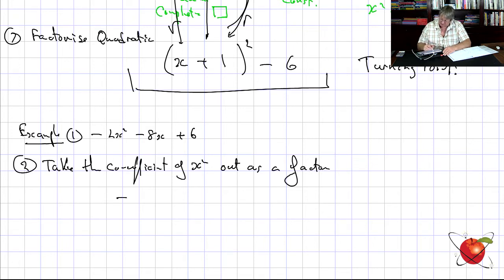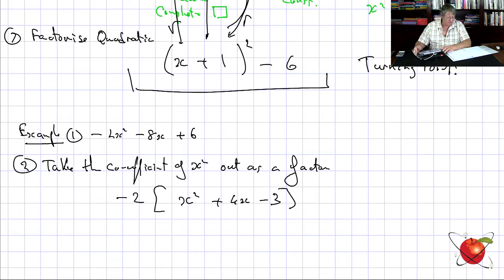Okay, so then it becomes minus 2 bracket x squared plus 4x, correct, minus 3. Am I right? Okay, well, how would I check it? Just try and multiply out minus 2x squared plus minus 8x plus 6. So yes, it works.